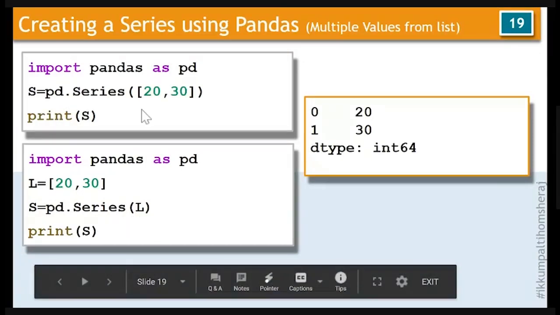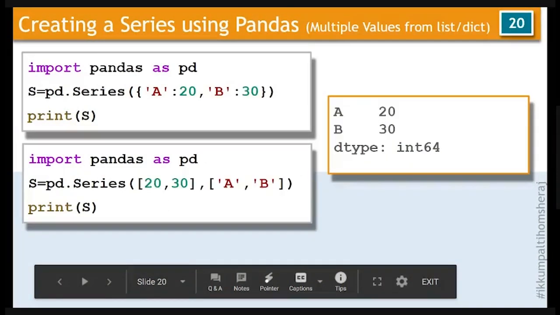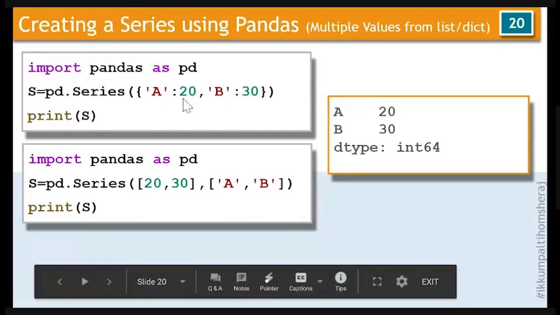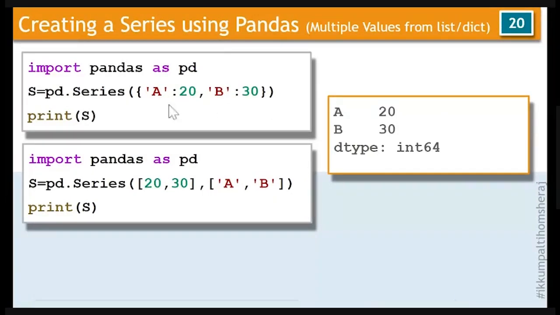Both of these examples will give you the same result, but we should prefer the second option in this case. Next example, we can have a dictionary also acting as a series. If we are submitting a collection as a dictionary, what will happen here? A and B will automatically be treated as indexes.